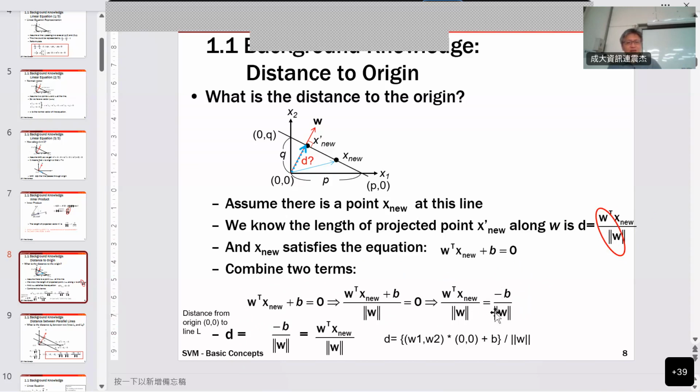We get this term, and you will find this term is equal to D. Let me say it again: what's D? D is the distance from the origin 0, 0 to this line. So the result becomes this one.